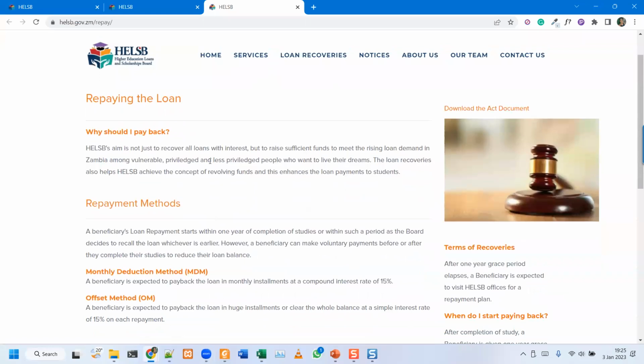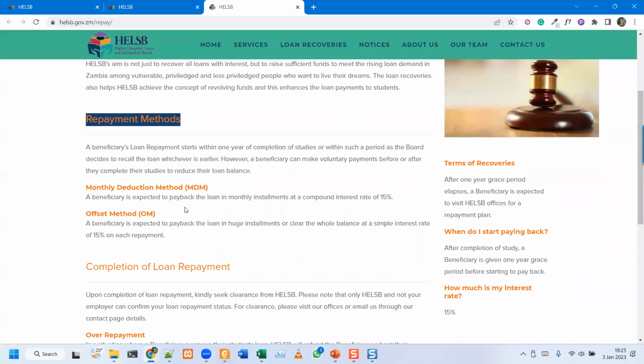So frequently asked questions as far as repayment of the loan. So repayment methods, these are the ones that I was talking about. For this scheme, they provide two main repayment methods. One, a monthly deduction method, typically the one most people would do.